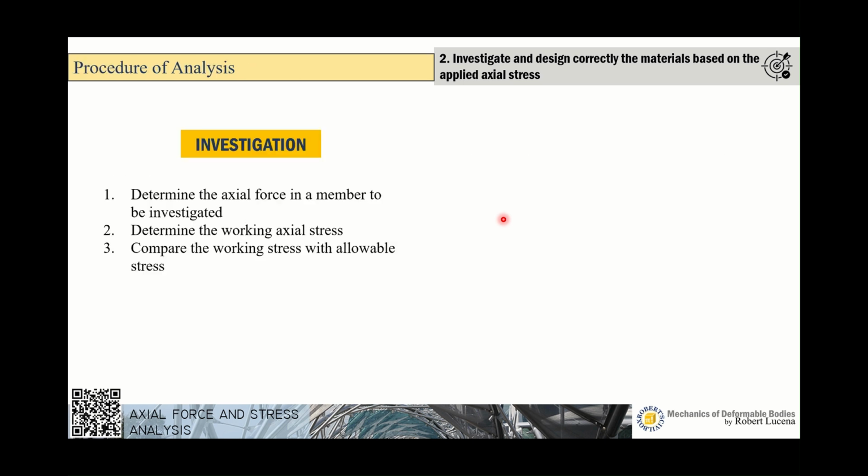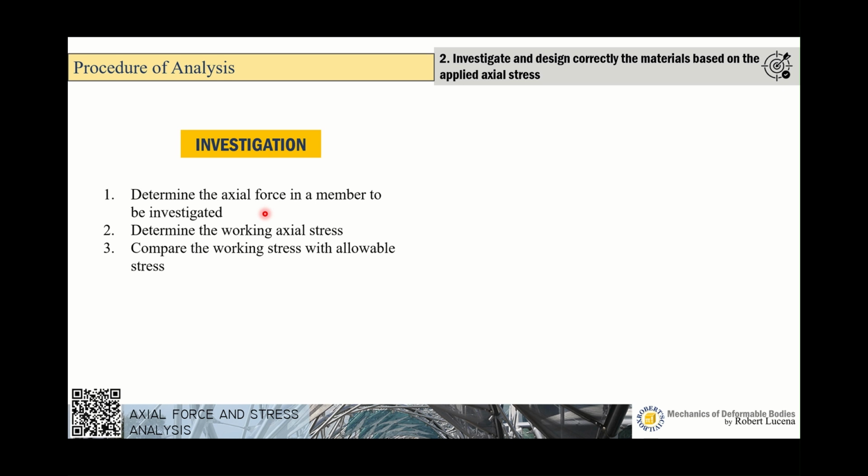So in investigation, to know what the working stress is, is actually the investigation part of this lecture. To do that, we need to first identify the axial force, and then we can subsequently solve for the axial stress by simply using the formula, force over the area.